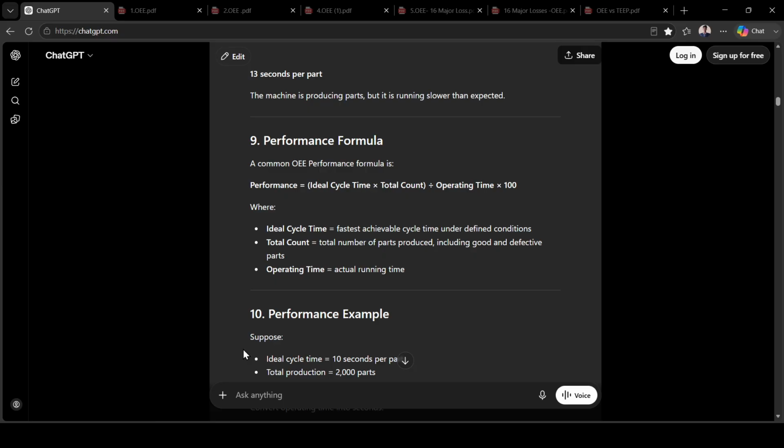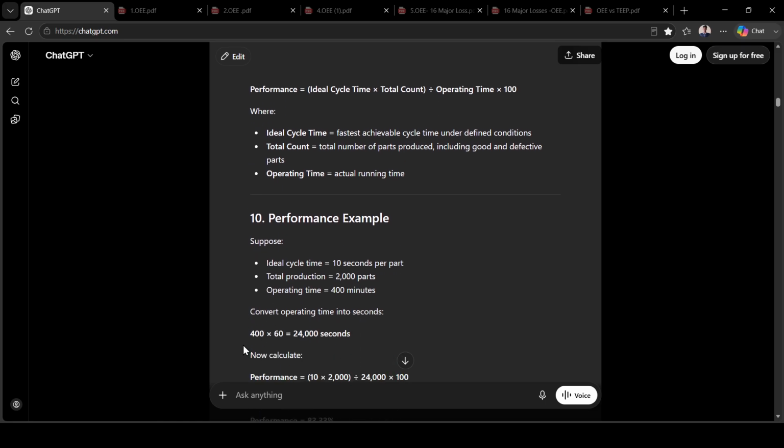Total count is the total number of parts produced, including good and defective parts. Operating time equals the actual running time.